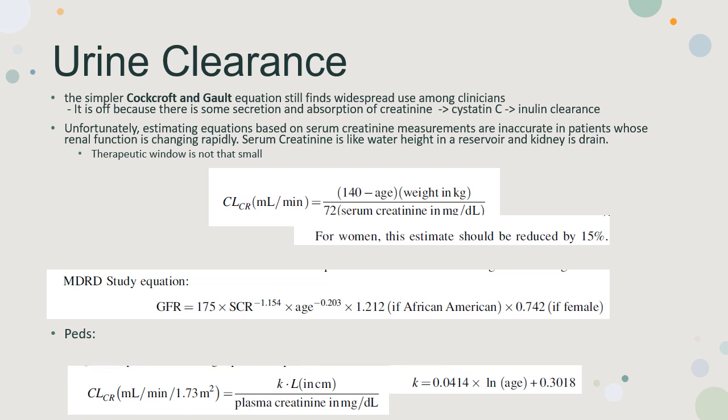Basically, I think the best thing to remember is the therapeutic window of a lot of drugs isn't that small. So maybe one equation might be 10 or 15% better at predicting the actual clearance, but it's not like 10 to 15% of a change in the concentration really matters that much.